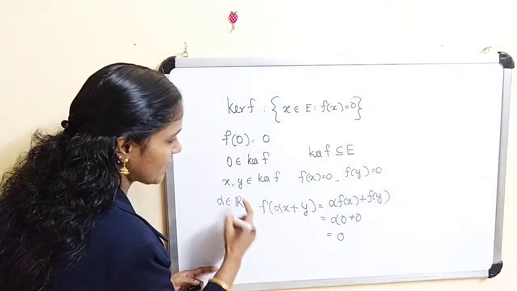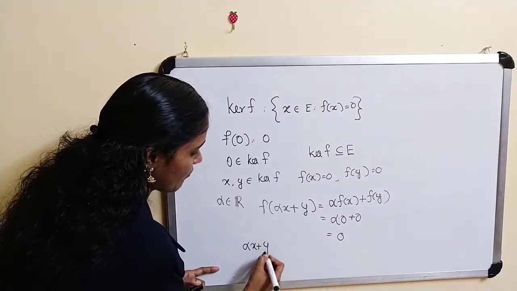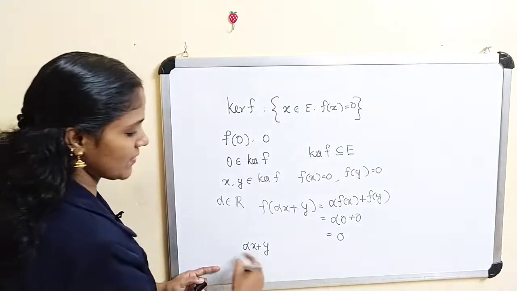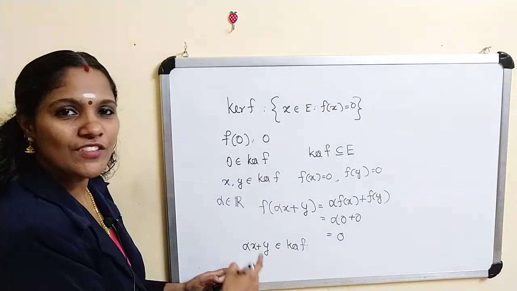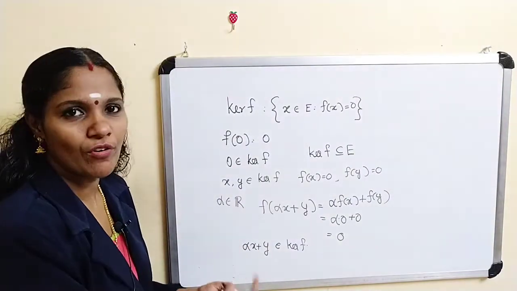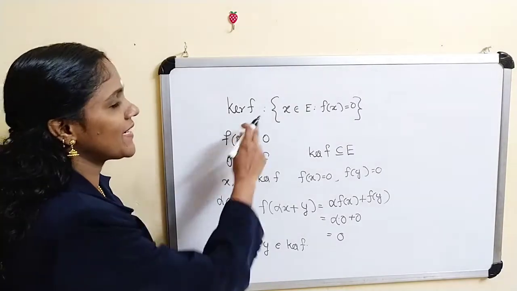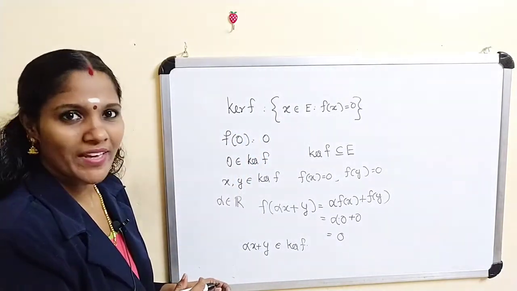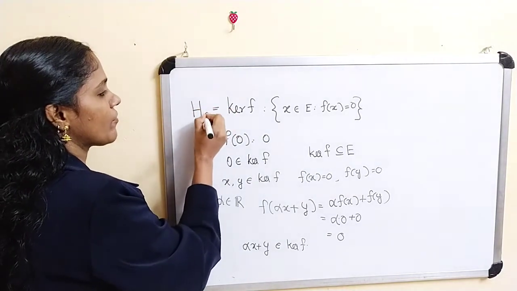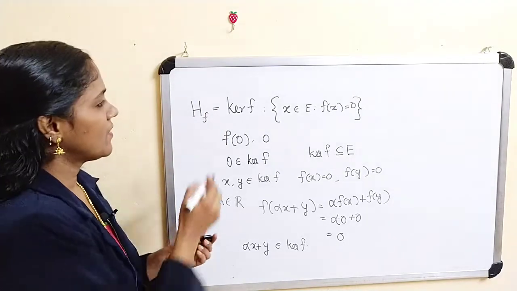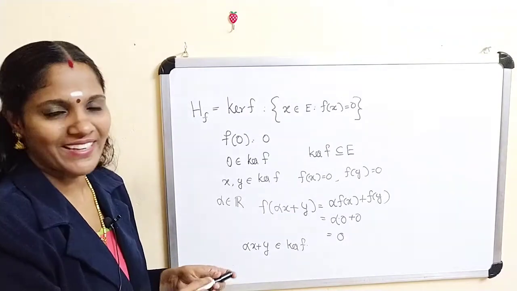Therefore, if x, y belongs to kernel f, then f of alpha x plus y equal to 0. This implies alpha x plus y belongs to kernel f. This is true for any x, y belongs to kernel f and for any scalar alpha belongs to R or C. This implies kernel f is a subspace of E. The notation for this subspace is actually H_f, so H_f is the kernel of f and clearly this is a subspace of E.